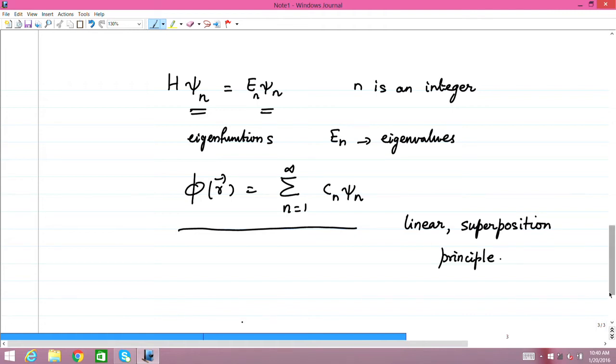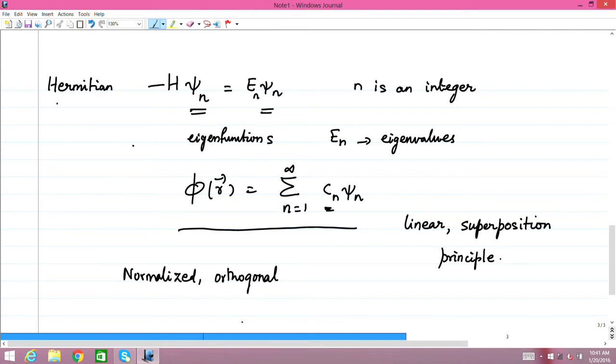In this model, C_n's have very specific properties associated with them, and since I mentioned that the psi_n's are eigenfunctions, they can be normalized and they are also orthogonal to each other, being eigenfunctions of the Hamiltonian operator, and the Hamiltonian operator is a Hermitian operator.